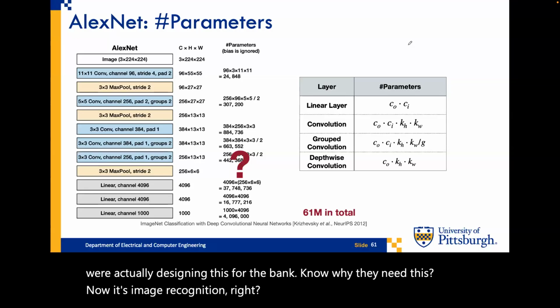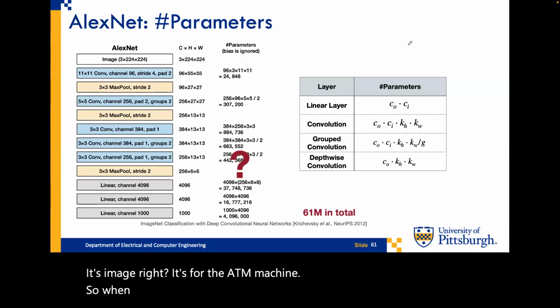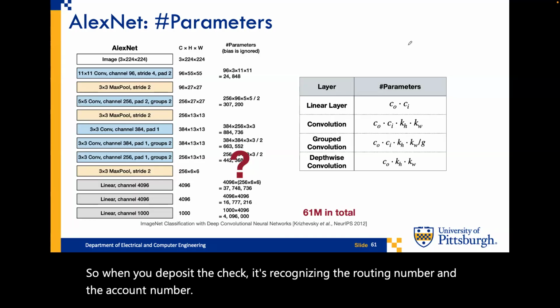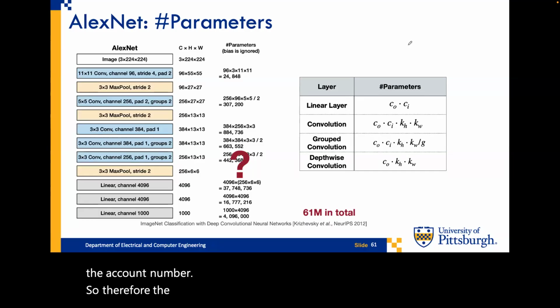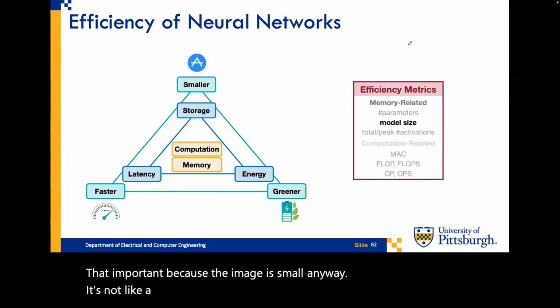It's for the ATM machine. So when you deposit a check, it's recognizing the routing number and the account number. So therefore, the image resolution is not that important because the image is small anyway. It's not like a high resolution image.